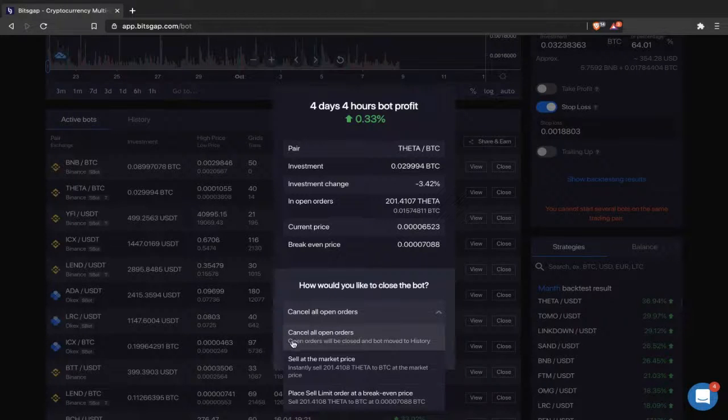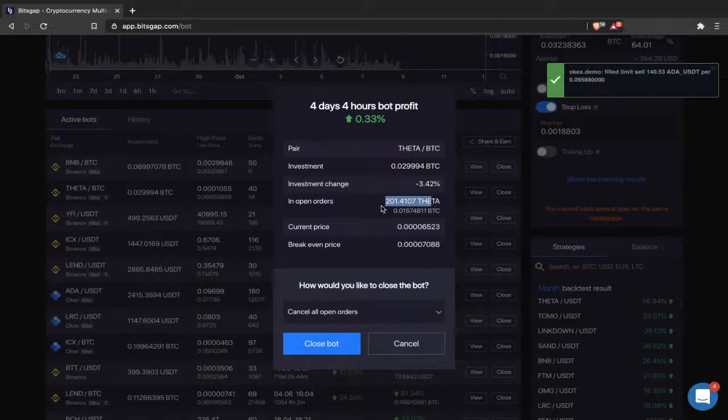But if you use this option, which is cancel all open orders, in this case the algorithm will just cancel all of the buy and sell limit orders, but what is left, like base currency and quote currency, will be demonstrated on your balance.